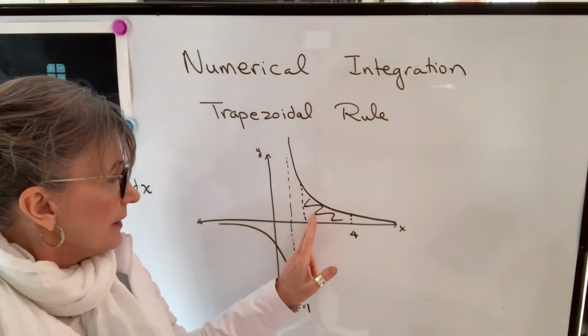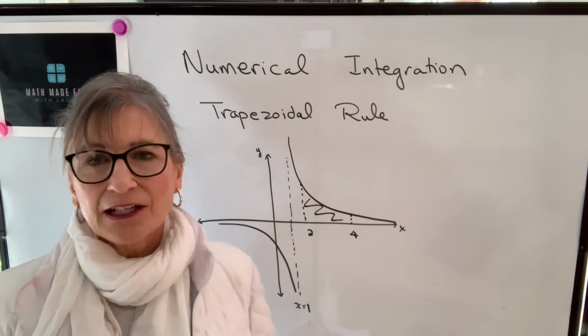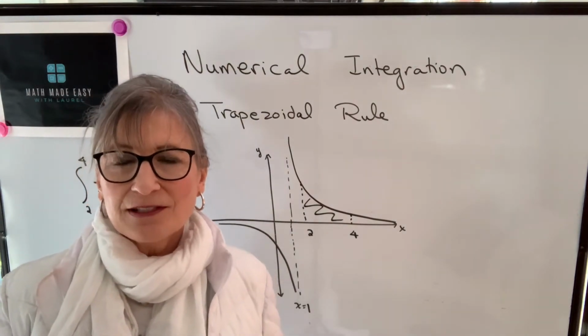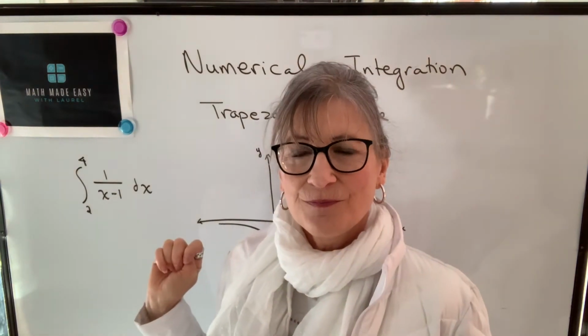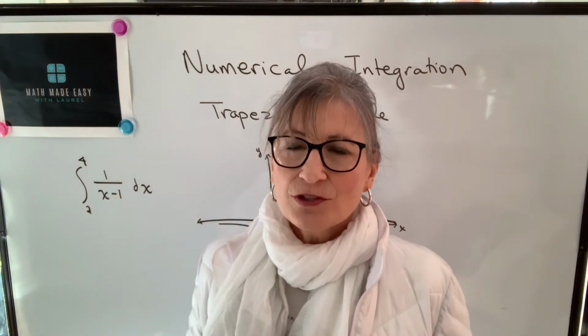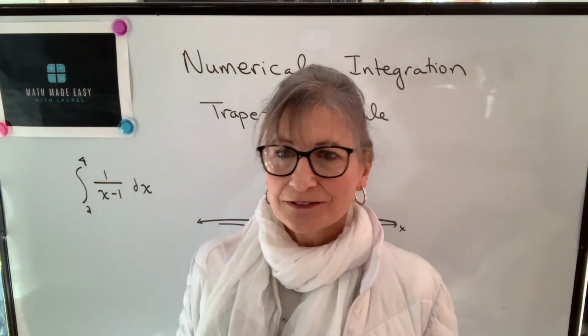So what I'm basically going to do is approximate that area using trapezoids, and then that will be the same as the definite integral. Let's take a look at how we use trapezoids to approximate that area.